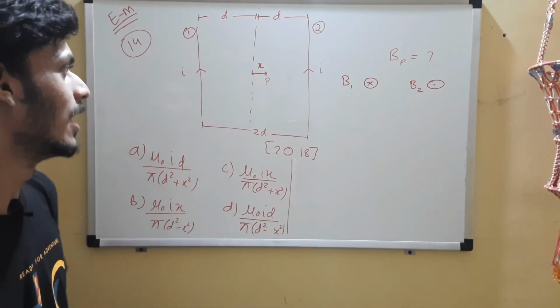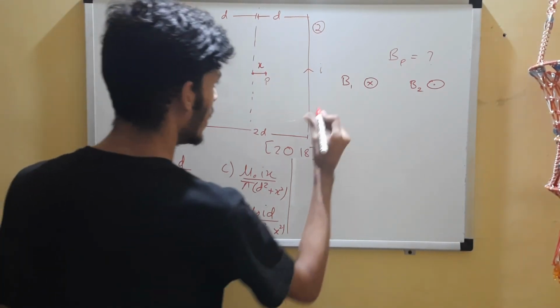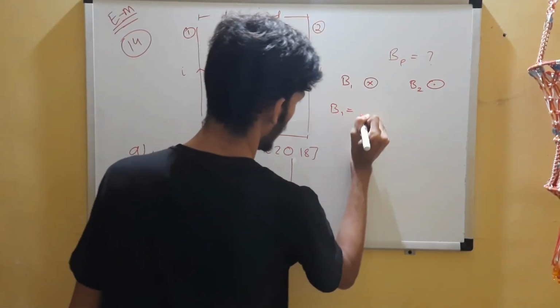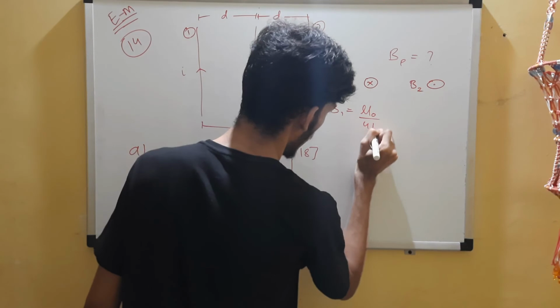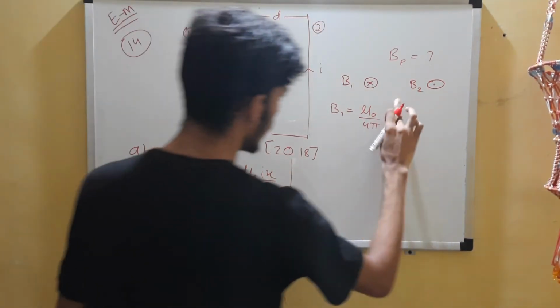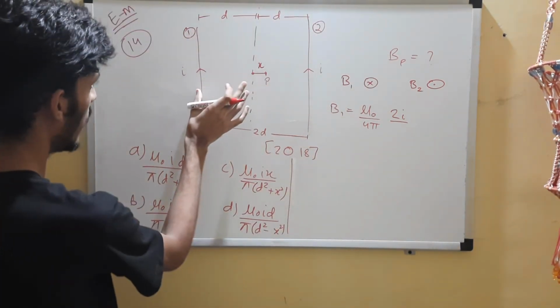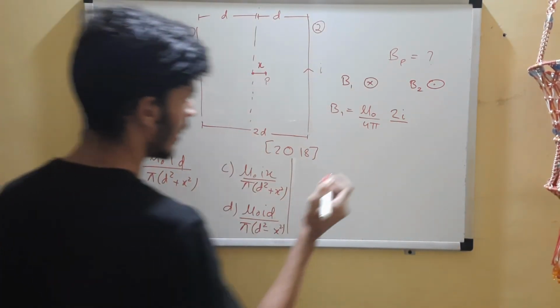Okay, so let's find B1 and B2 and then B2 minus B1. So B1 will be, for an infinitely long wire, mu 0 upon 4 pi, 2I by R. R is the perpendicular distance. It will be D plus X over here.